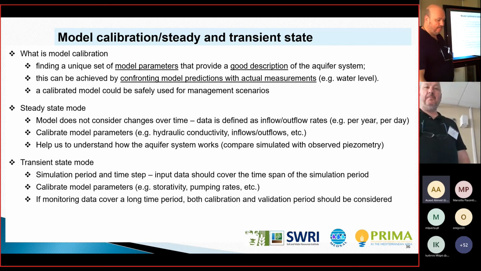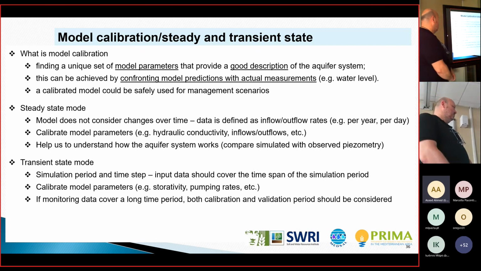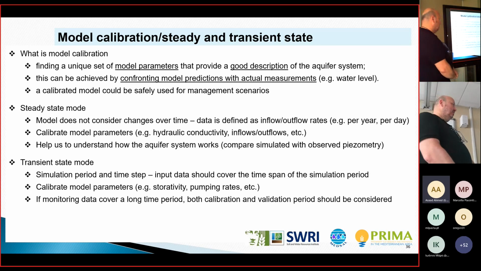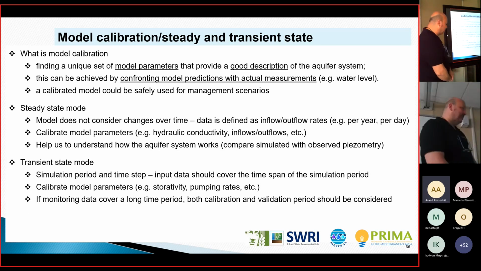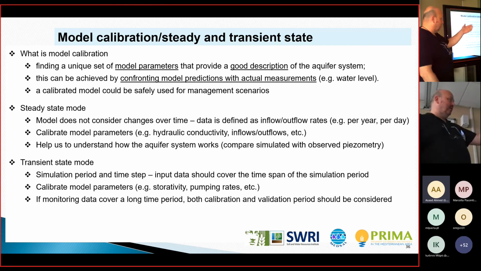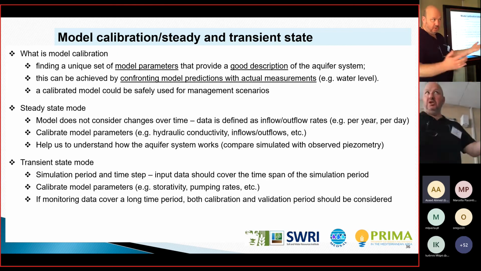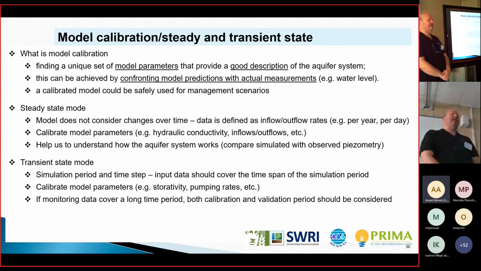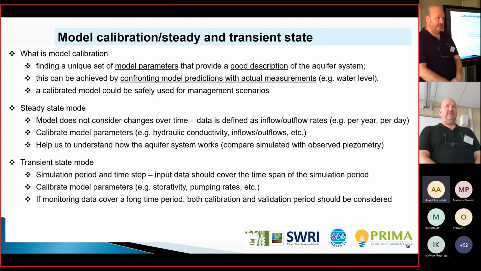In the transient state mode, we have a simulation period and we have a time step for the model. So the input data are usually time series that should cover the whole simulation period. We can also calibrate some other types of model parameters, like the storativity of the aquifer.